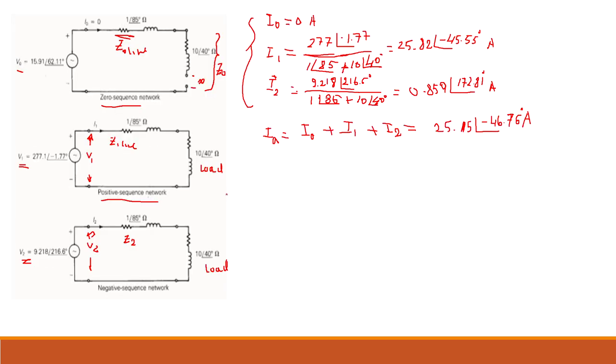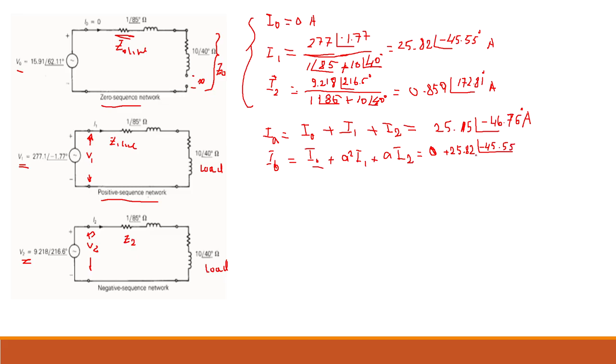Now, in the same manner we can calculate the current of phase B. IB is equal to I naught plus A square I1 plus A I2, where I0 equals 0, plus I1 multiplied by A square, 25.8 multiplied by A square.